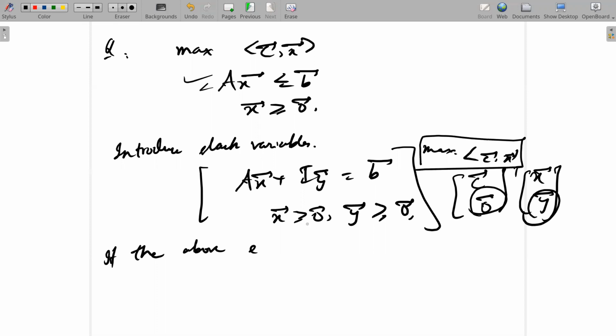So if the above equivalent problem has a non-degenerate basic optimal solution, like I said, this is mathematically very important, but think of this as a somewhat technical assumption.